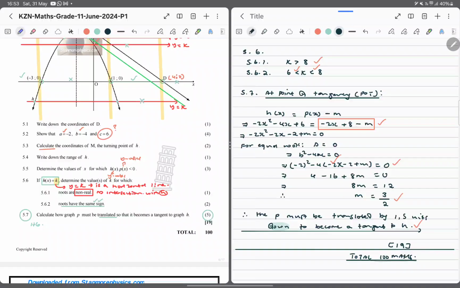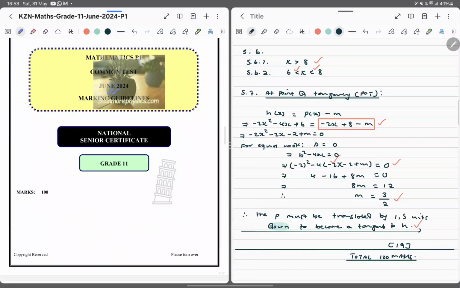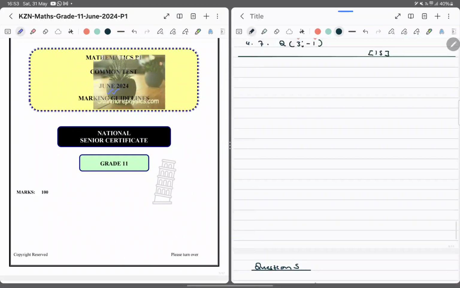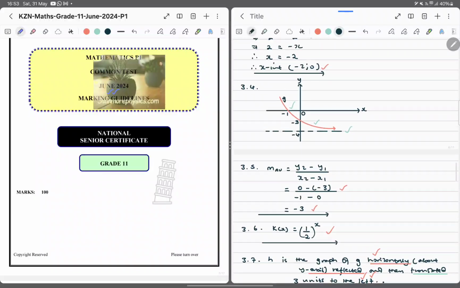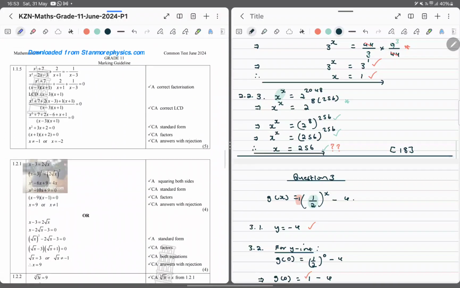Okay, so we've got the marking guidelines here nicely, so we can check that question. To remember that question that was naughty, this one, 2.2.3.